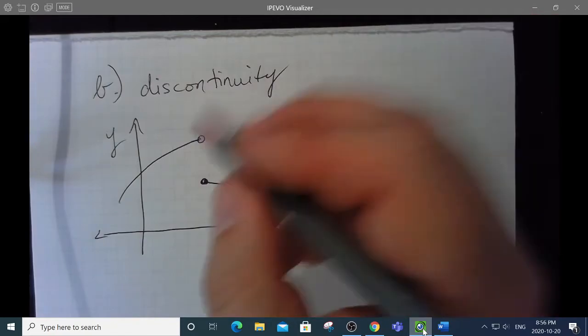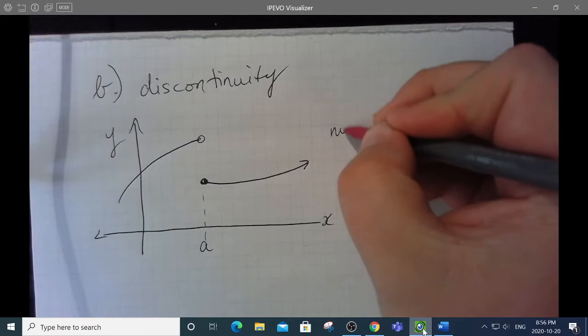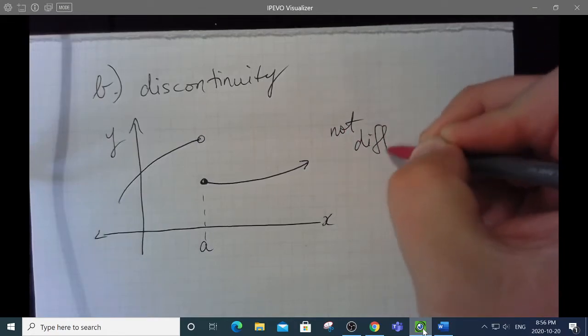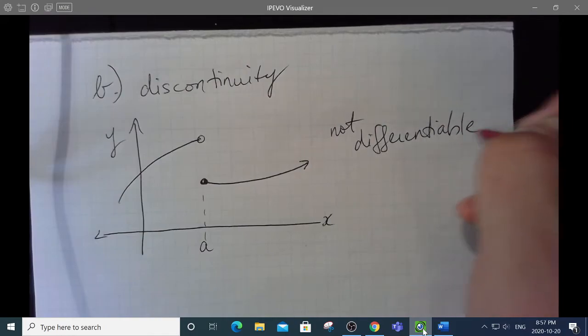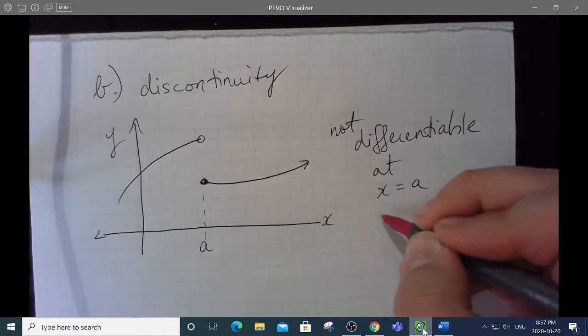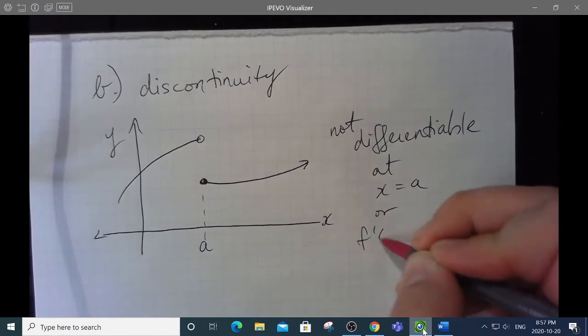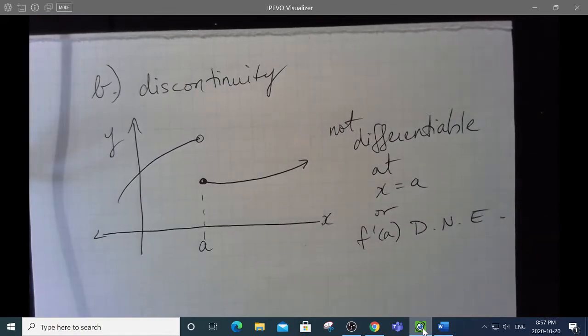So say that this was A, not differentiable at x equals A. Or you could also say f prime of A does not exist.